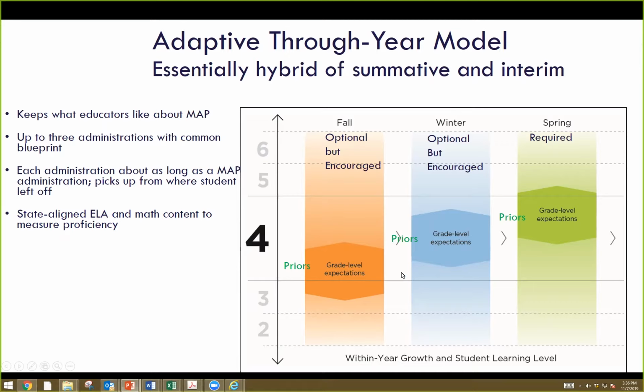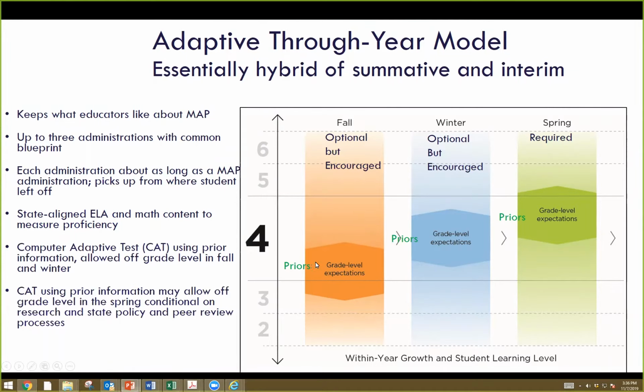So this new model really helps with some of the issues around mobility, and allows us to continue to monitor where students are, no matter what district they happen to be in. The proficiency is going to be measured by state-aligned ELA and math content that's approved by Nebraska educators.